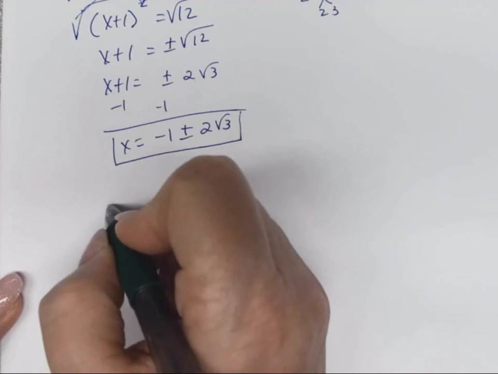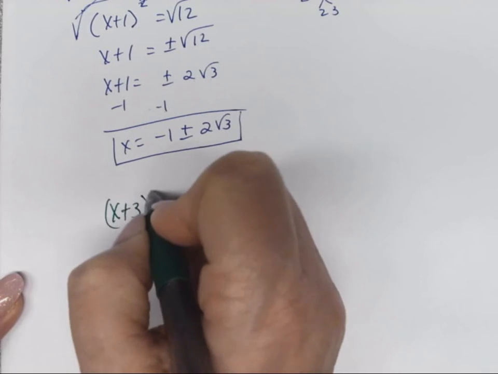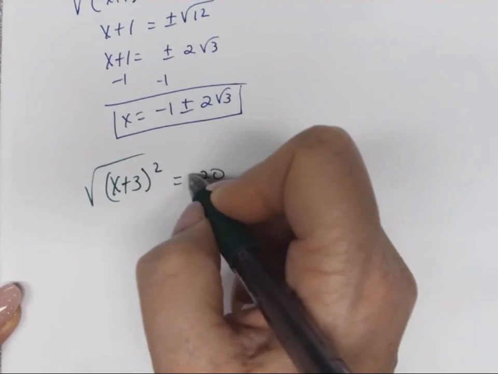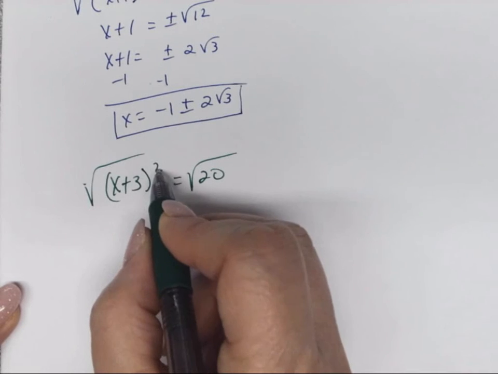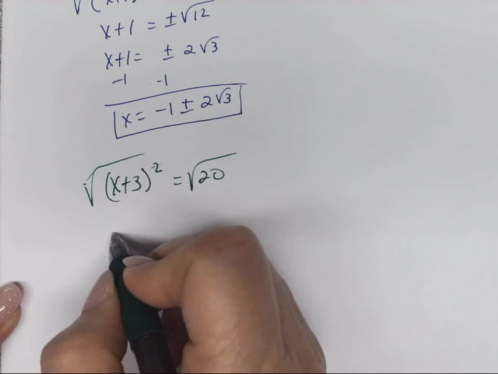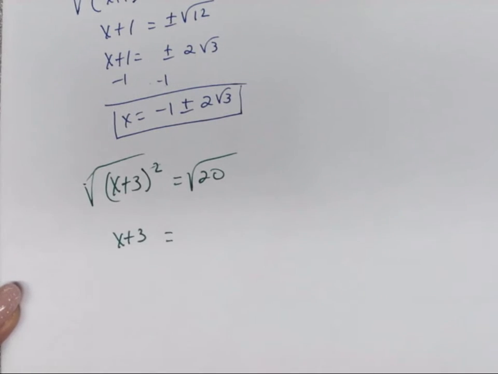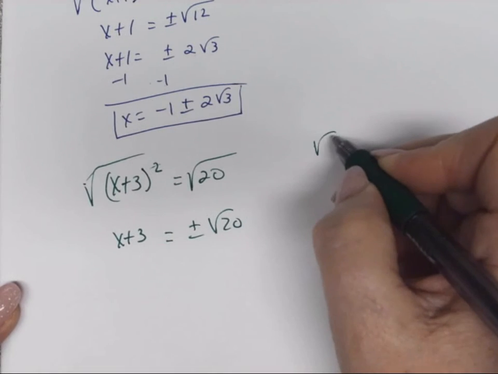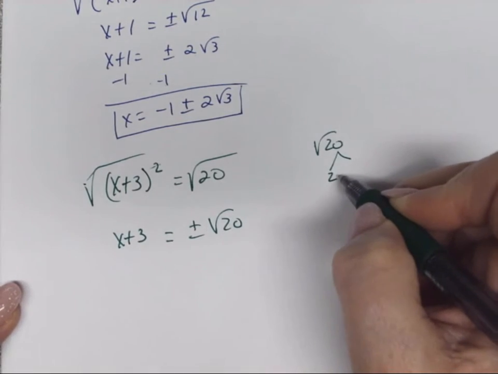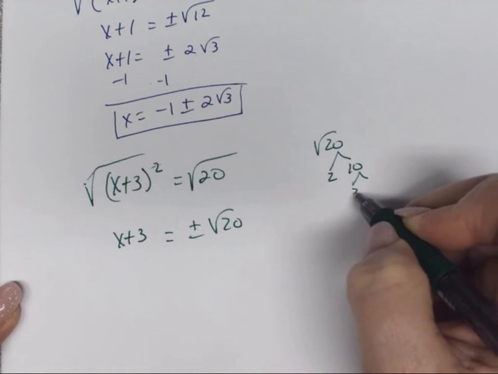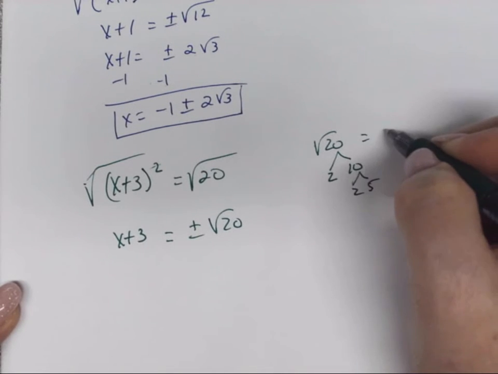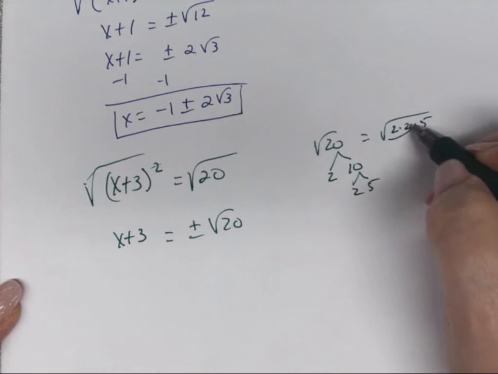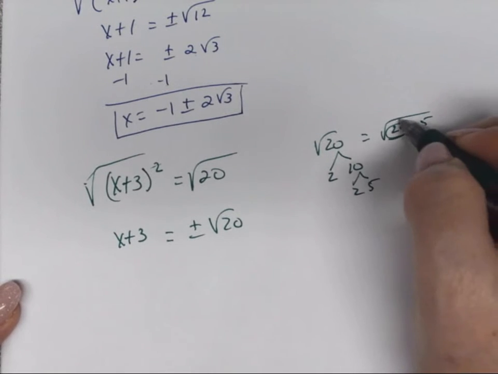All right, what if we have x plus 3 squared is equal to 20? Again, we're going to take the square root of both sides. The square root of something squared, it will cancel. We end up with the x plus 3, plus or minus the square root of 20. Square root of 20, we're going to break it down. 2 times 10, 2 times 5. So we end up with the square root of 2 times 2 times 5. We have 2 that are the same that come out.